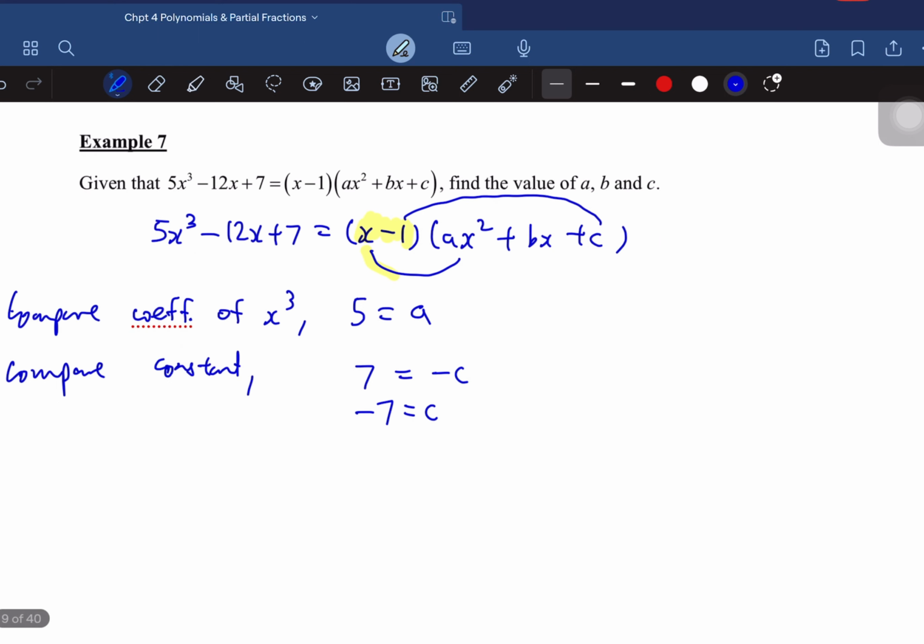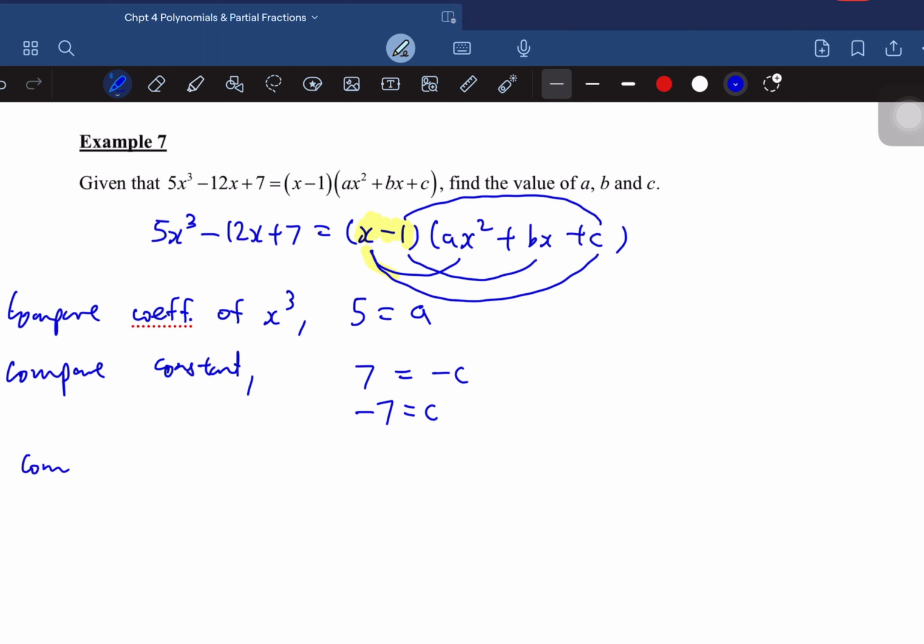Okay, then when it's done, we have to find b. For b, there are a few ways to do it. We can compare x square, or we compare x. I personally choose to compare x. So this only one term only. Oh no, still one more. And this will get an x term.